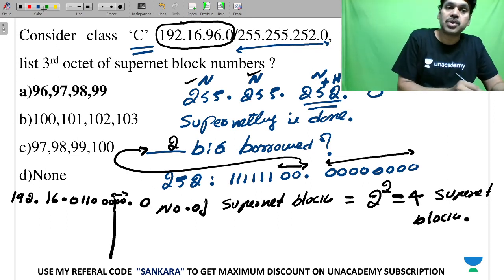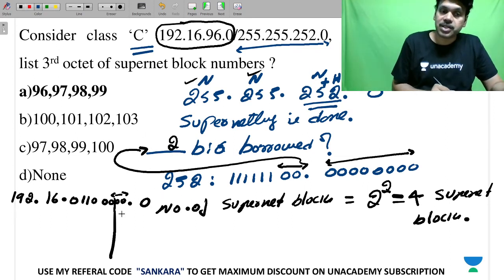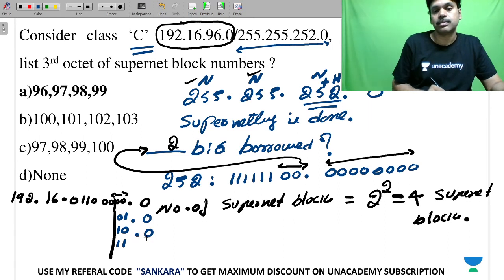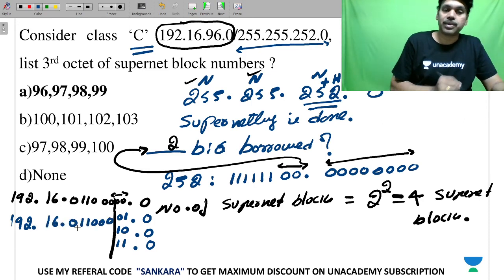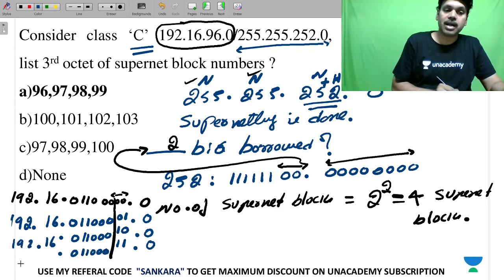It is 00, 01, 10, 11 and remaining as it is, drop it. 192, 16, 0 again, 0 again, 0. 192.16. That is common as they are treating as NID.